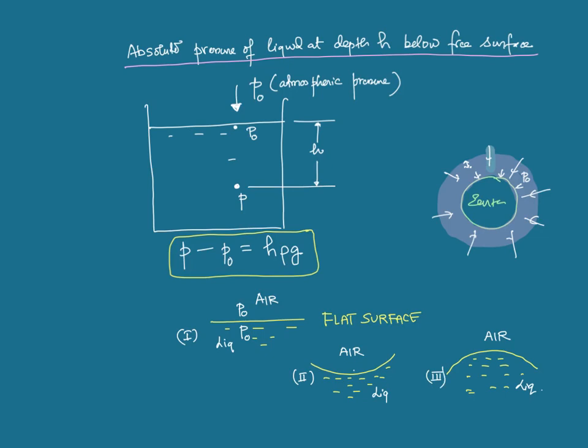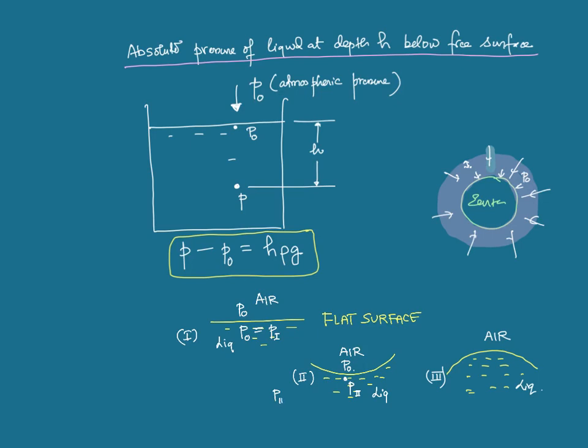For figure 1, P1 is equal to P naught. For figure 2, outside pressure is P naught, and inside, at a point on the liquid just on the surface or just below it, the pressure is P2.